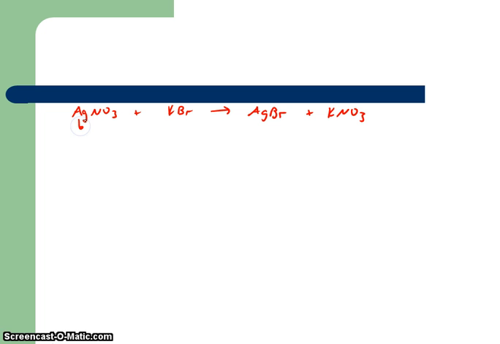We have 64.81 grams of silver nitrate and 92.67 grams of potassium bromide. We want to find out how much silver bromide we can produce. All right, so step one, let's determine which our limiting reactant is.